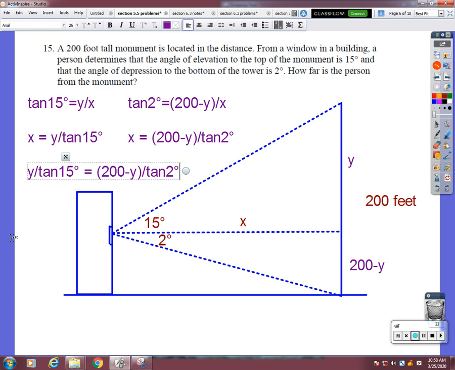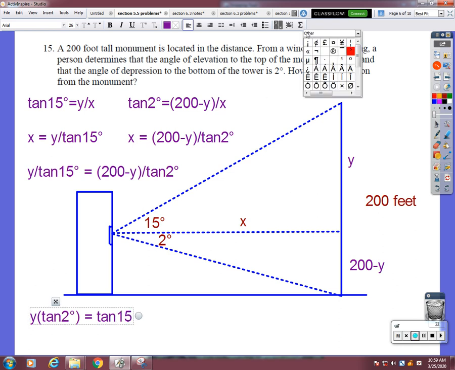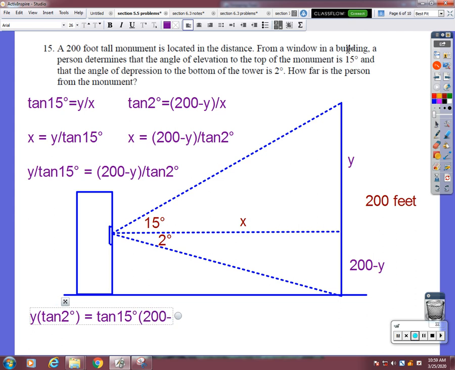If I cross multiply those, I get y times the tangent of 2 degrees on one side. And then when I cross multiply on the other side, I get the tangent of 15 degrees times 200 minus y.